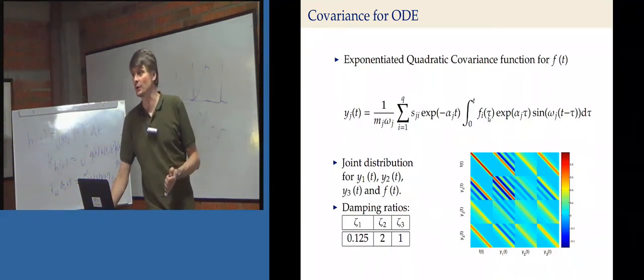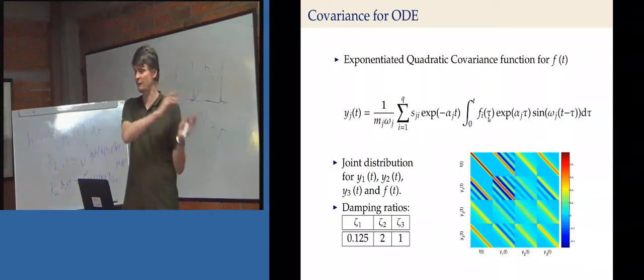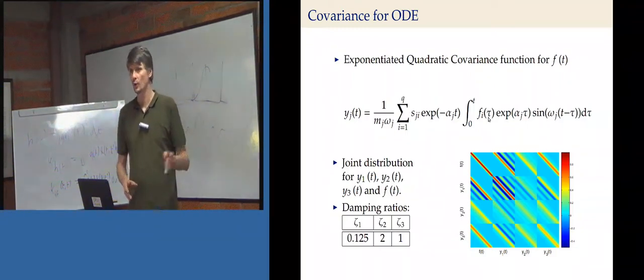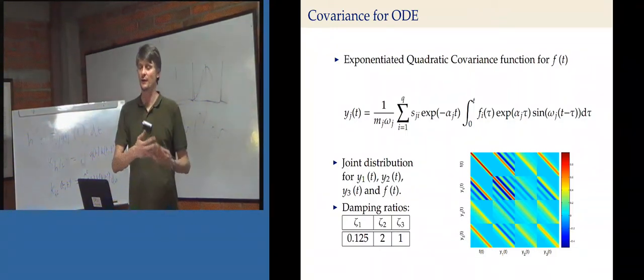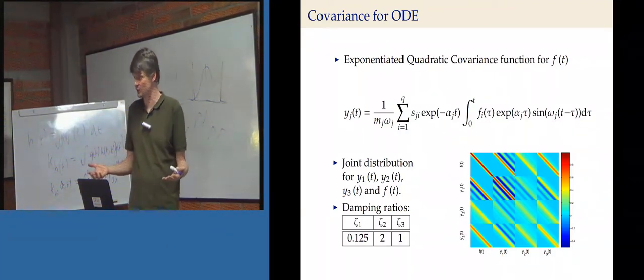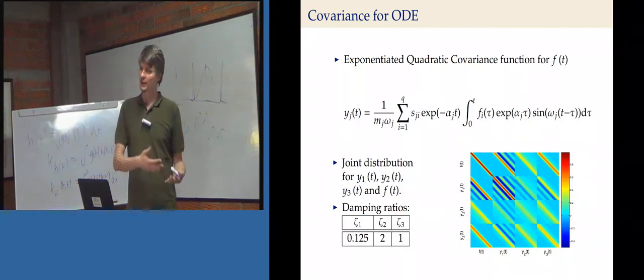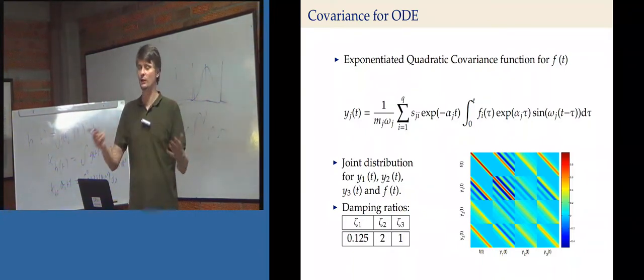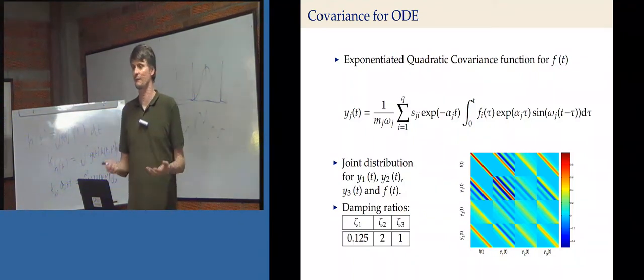Now this turns out to be true in general: whatever differential equation you're building, you need to solve the convolution of the Green's function, which is the impulse response for partial differential equations, with the Gaussian process that drives the system. So the Green's function, for example, for the heat equation is like a Gaussian form.